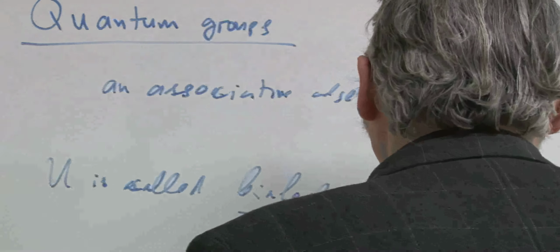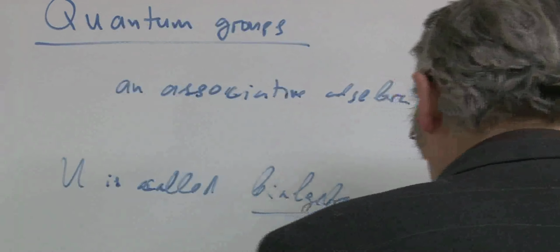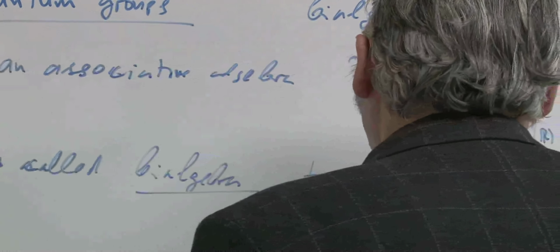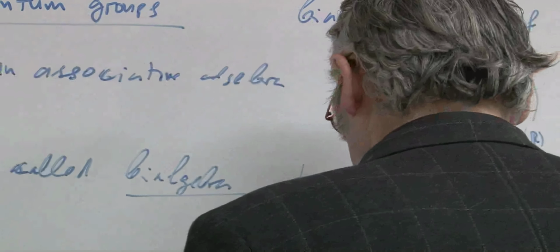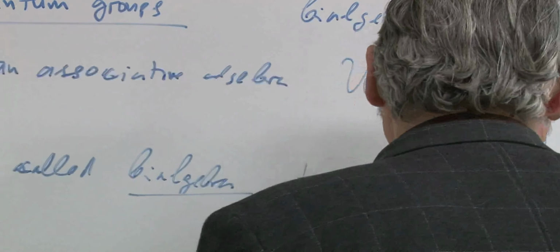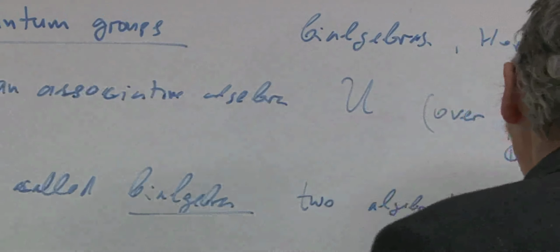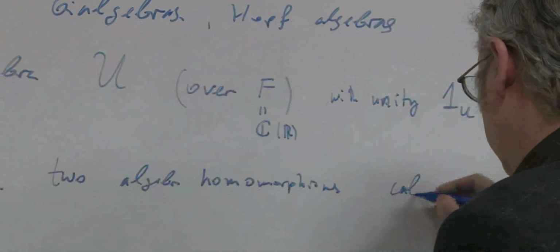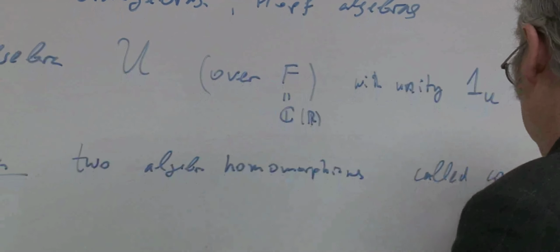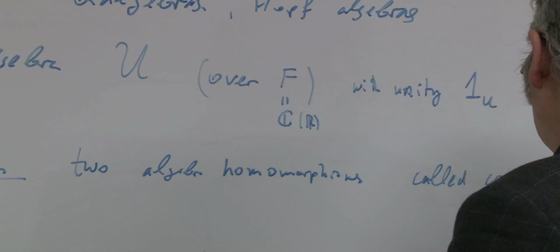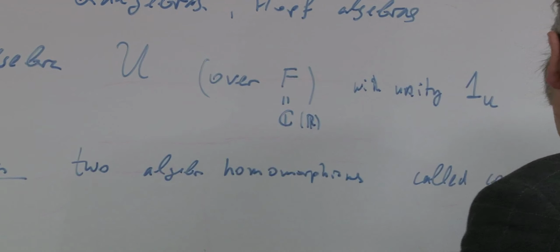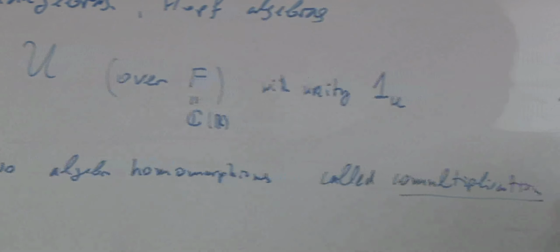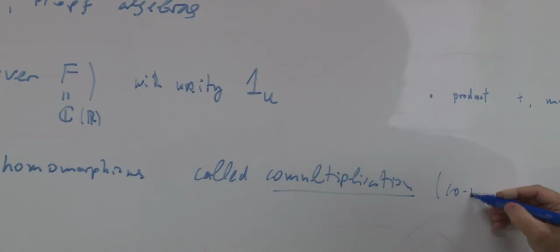Now, it's a bialgebra. There are two additional algebra homomorphisms, which are called comultiplication, or we should say also coproduct for short.